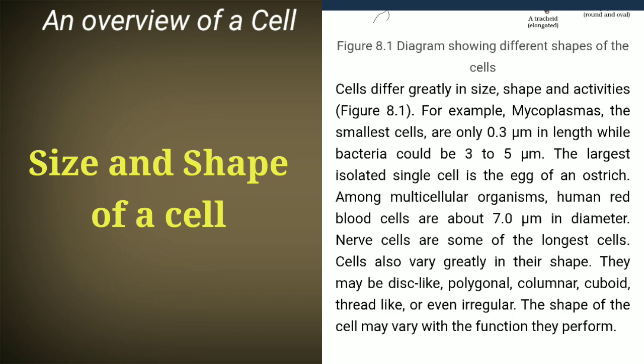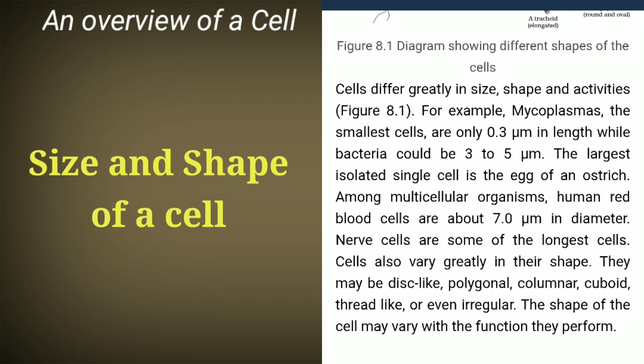is the nerve cell or neuron in the human body, out of all the cells in the living world. Similarly, the largest cell is the egg cell of an ostrich, which is a bird.